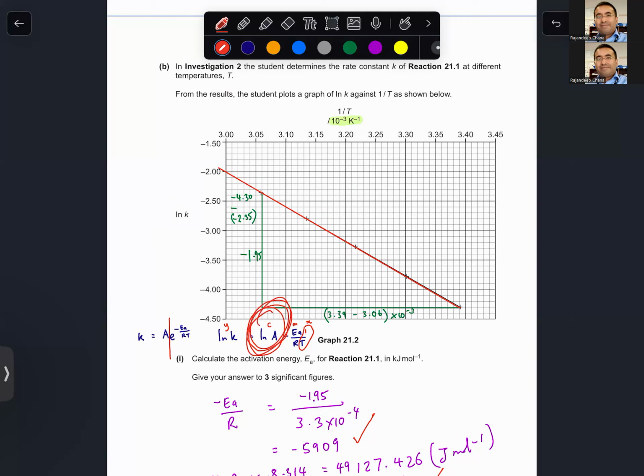The problem with this is the x-axis does not start at 0, it starts at 3. So that really is not the intercept of the y-axis. That's why that's a mistake.